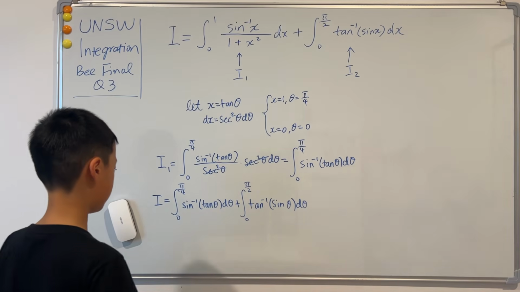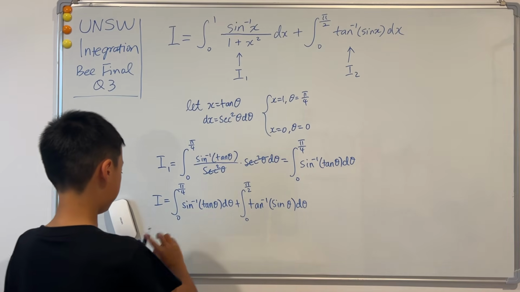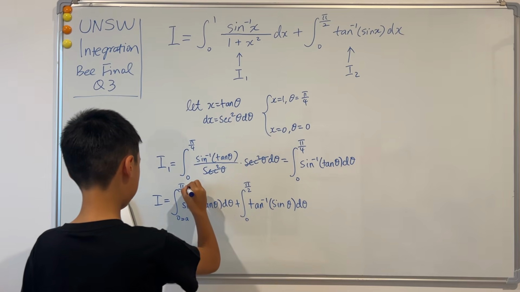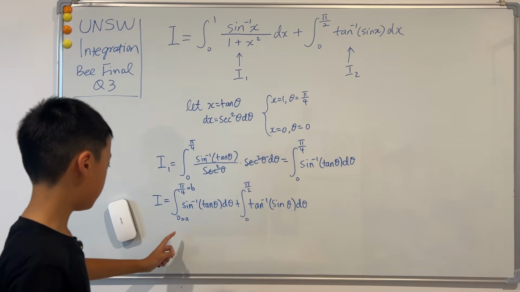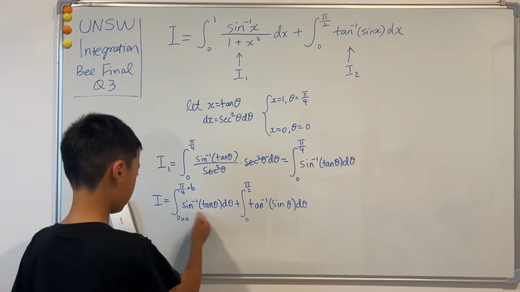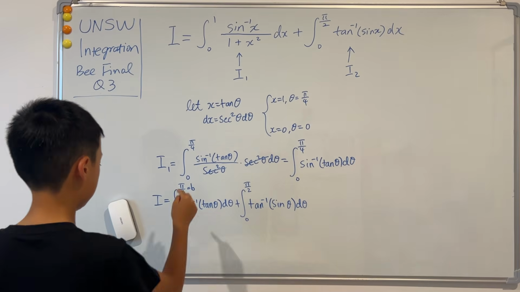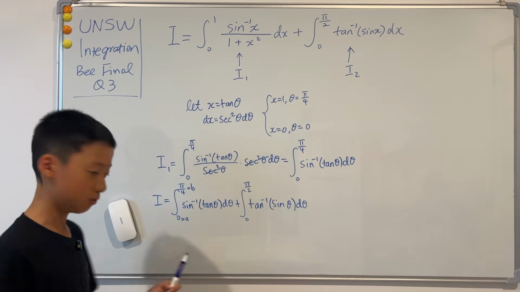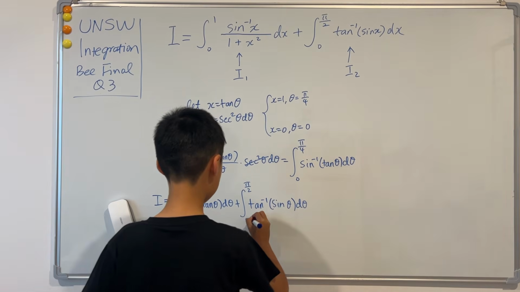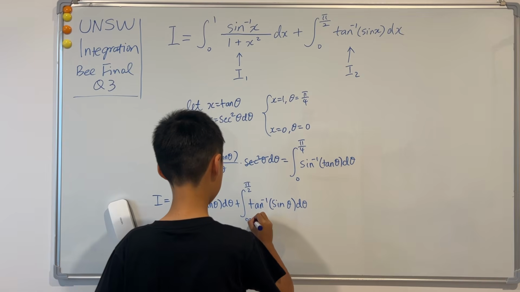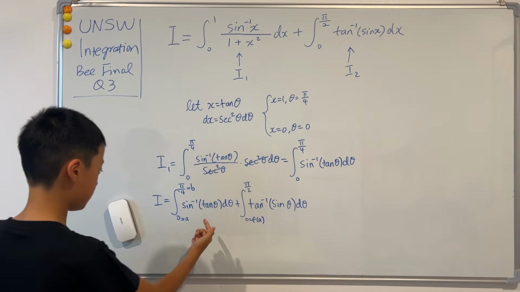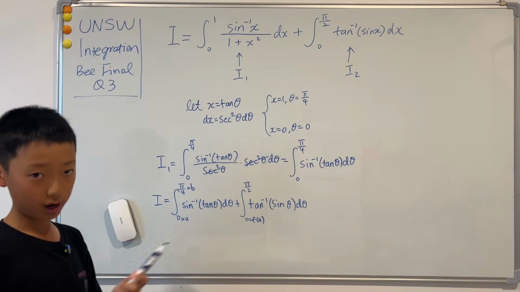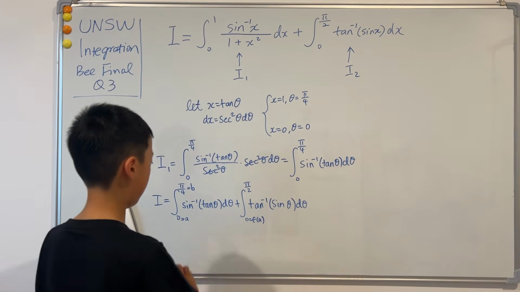So here we see that if this is A and if this is B, then for this function, sine inverse of tangent of 0: tangent of 0 is 0, and inverse sine of 0 is 0. So this equals f(a). Then, if this is B, tangent of pi over 4 is 1, and sine inverse of 1 is pi over 2.